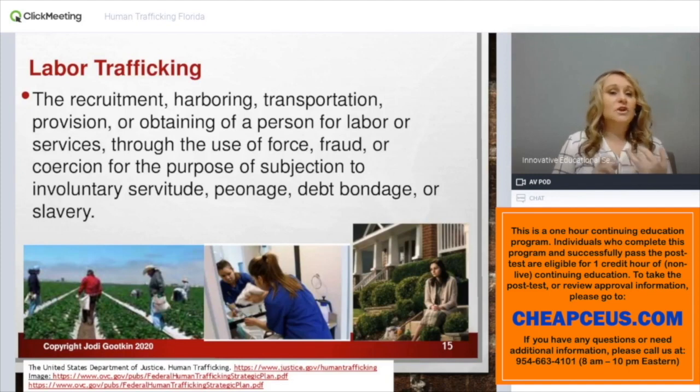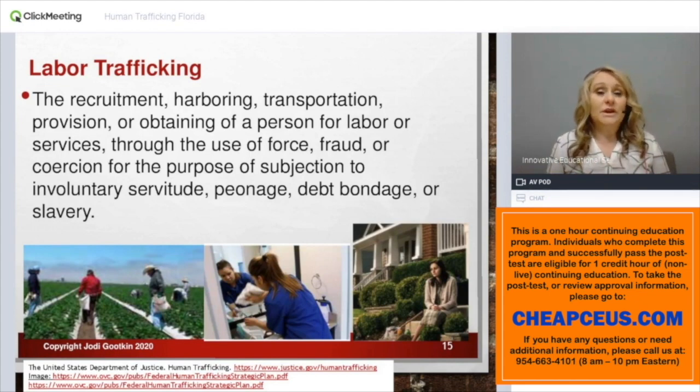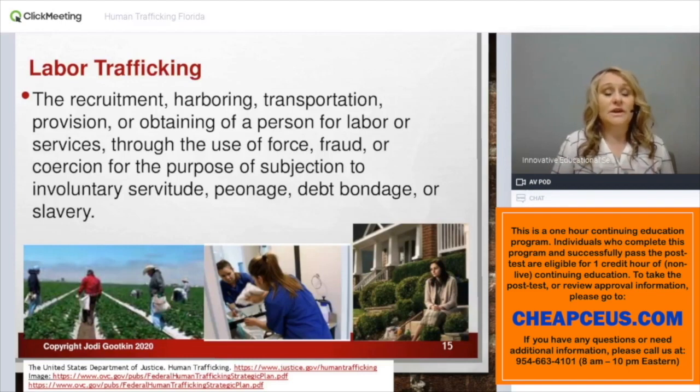They've recognized it in construction, in hotels. It may be what appears to be a legitimate business, but some of the individuals who are working there are victims of labor trafficking. So it might be the facility that you're in, you don't know the hiring practices of all the subcontractors and the cleaning crews and the other individuals.